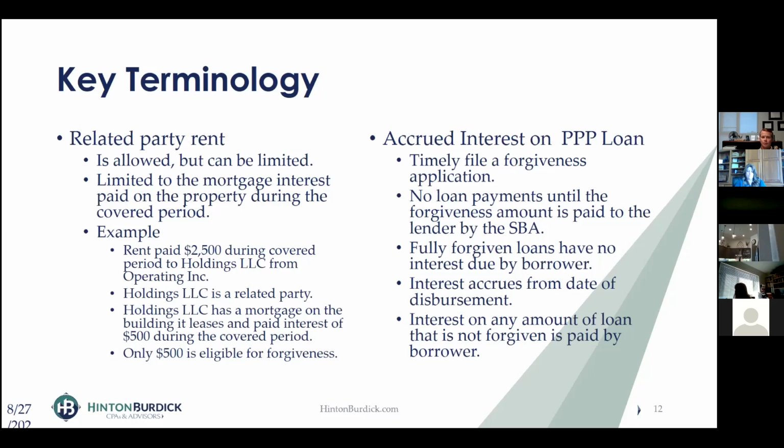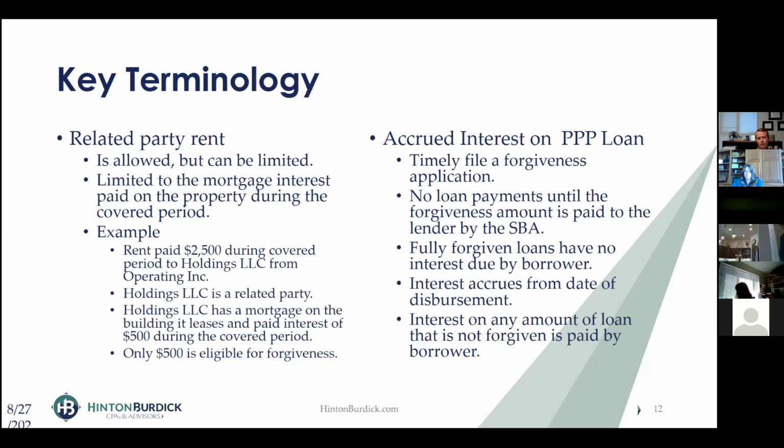And as we mentioned before, if the business owner also owns the property that is rented, that would fall under the related party rent. And it is allowed, but it's limited to the actual mortgage interest paid on the property. So in that case where it's related party, it's not the full rent payment.